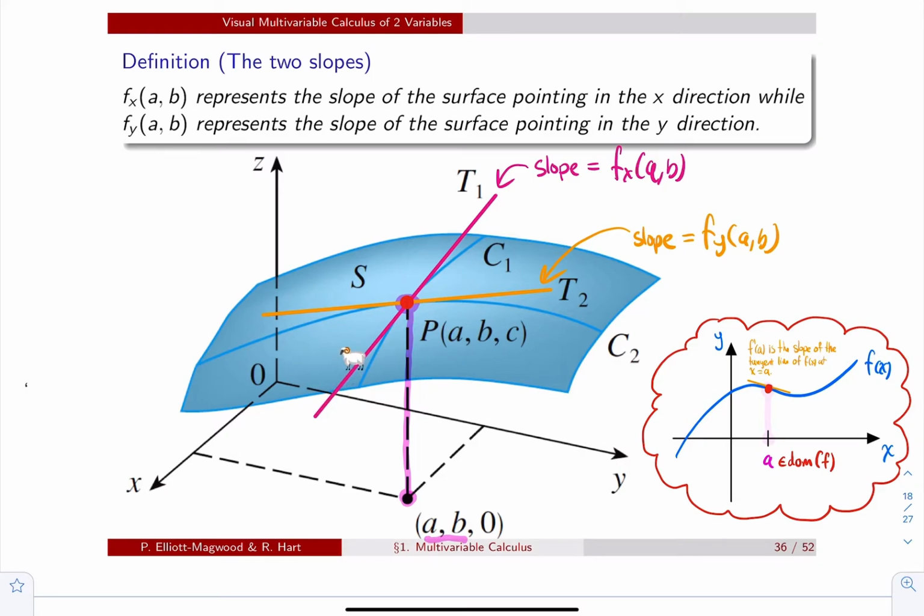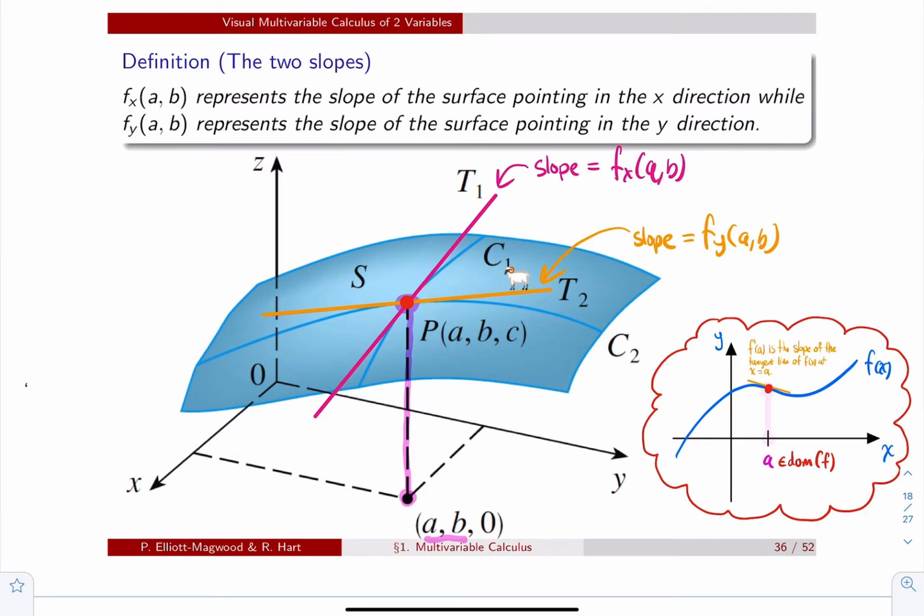Okay, and then meanwhile, if you compute f sub y at (a, b), so if the goat goes back to the point (a, b), f of (a, b), now if you draw the tangent line parallel to the y-axis, then that slope is given by f sub y at (a, b). So if the goat moves from that point parallel to the y-axis, you're going to be following the slope given by this orange line. And it looks like here, the slope would be positive.